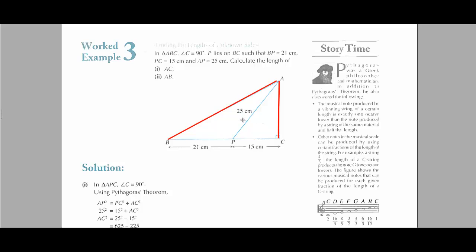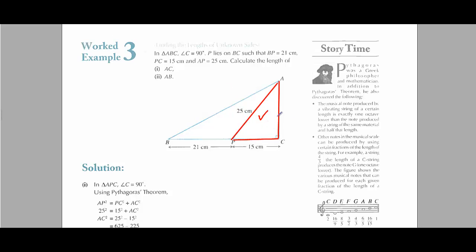We have two right angle triangles. So let me tell you which two. First of all, this is the first right angle triangle. Look here. Let me use this right angle triangle first.